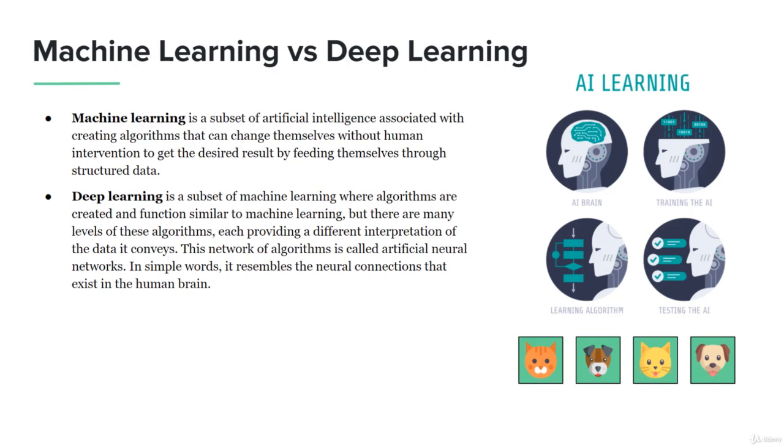We're going to go into exactly what deep learning is in this particular lesson. But it's really just giving you an understanding that deep learning is a lot more complex. We have the neural networks involved.